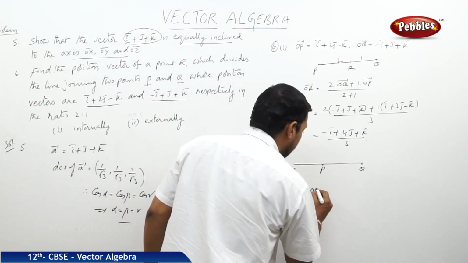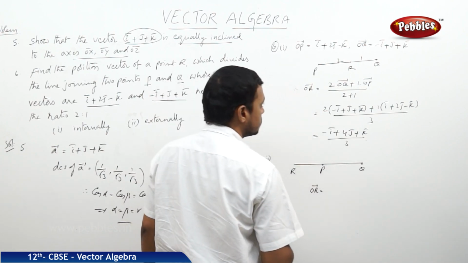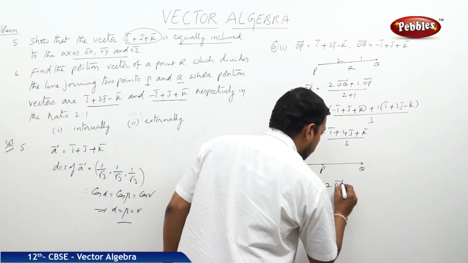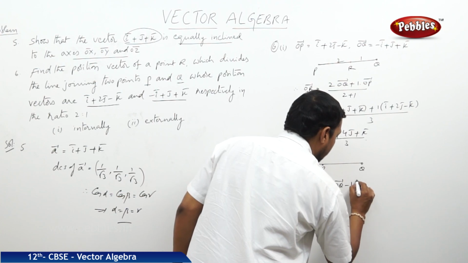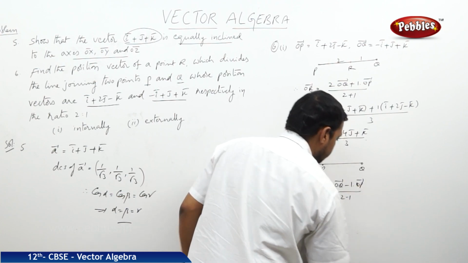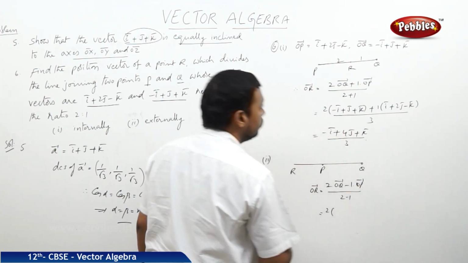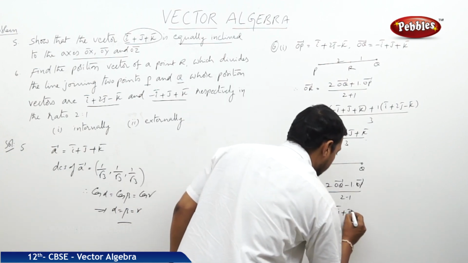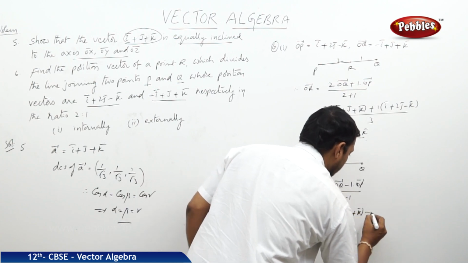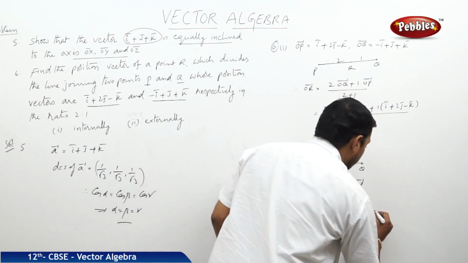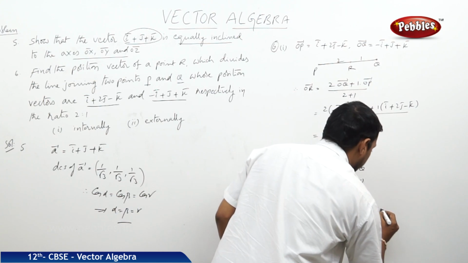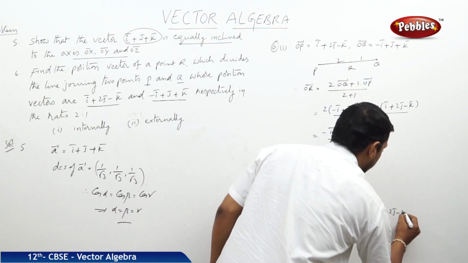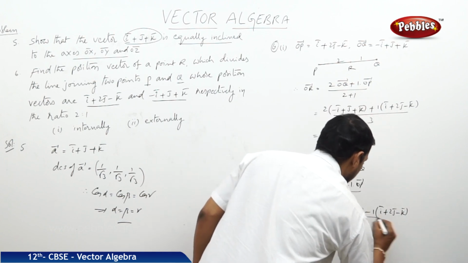Now the position vector of R is 2 into OQ vector minus 1 into OP vector, divided by 2 minus 1. So 2 into OQ vector is equal to minus I plus J plus K, minus 1 into I plus 2J minus K, divided by 2 minus 1.